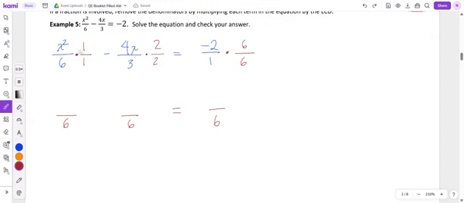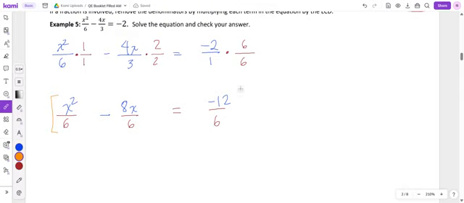Okay, so x squared times 1 is x squared. Minus, I'll add the minus, 4x times 2 is 8x. -2 times 6 is -12. What would happen if I now multiplied each fraction by 6?